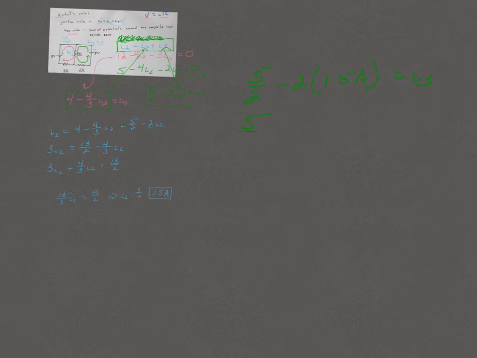So I have 5 over 2 minus 3, which is 6 over 2, so I'm left with negative 1 over 2 equal to I3. So I get that I3 is negative 0.5 amps.